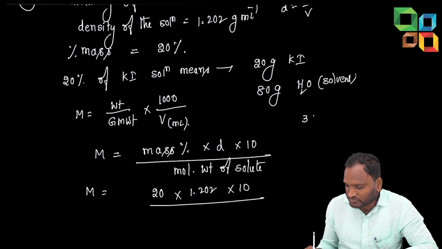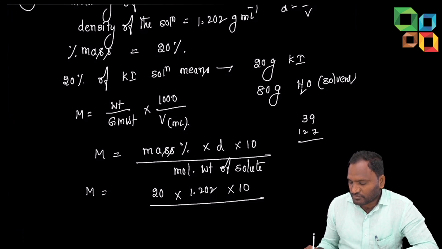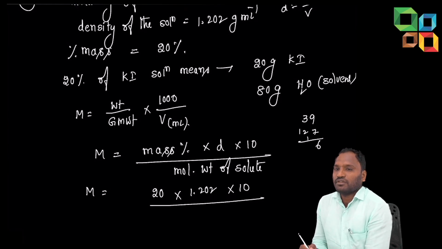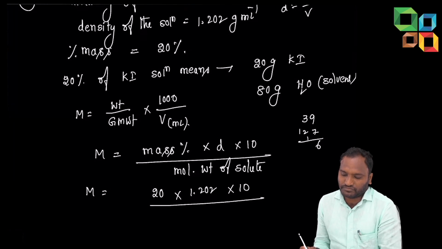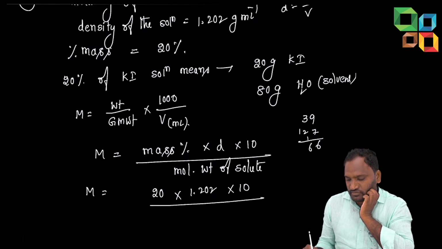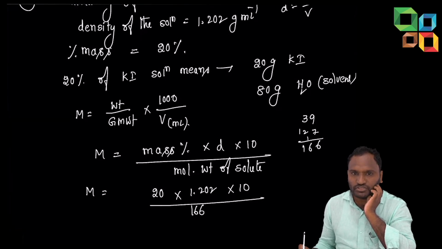Potassium how much? 39 around. Iodine 127. 9 plus 7, 16. 6, 166. Find out this one, students, how much you are getting here.